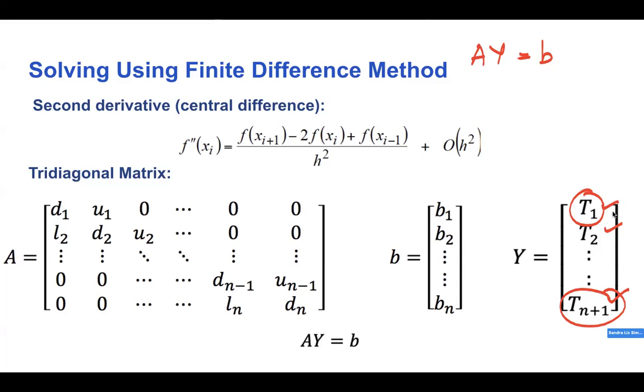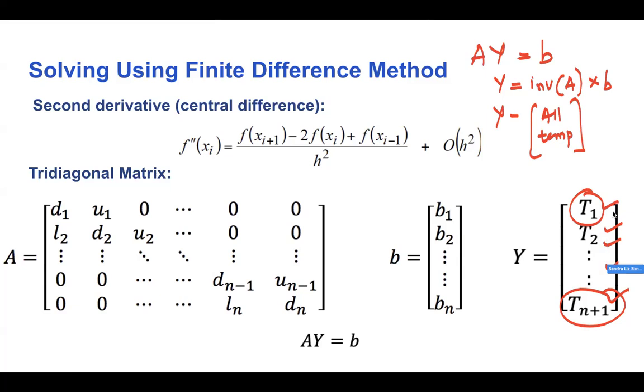Tn plus 1 is the last boundary temperature. You will know all this. When you solve this, you will get T2 to Tn. How do you solve it? It will be inverse of A multiplied by B, and this B will have all the temperatures. Likewise, you will get the temperature at the intermediate points. This is how we solve it.